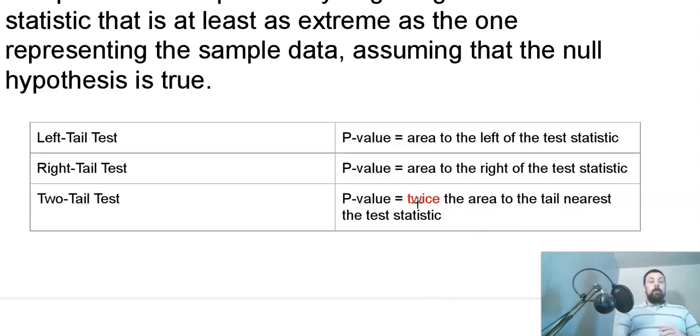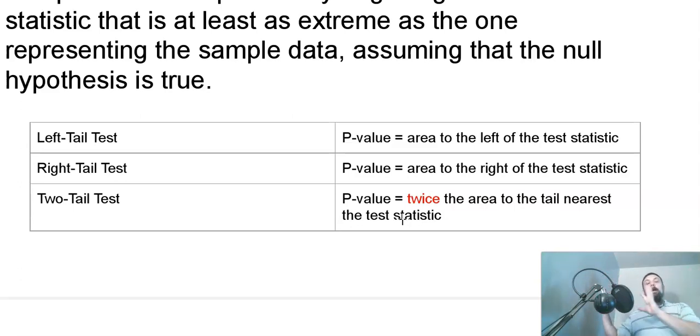The reason you are doubling the area to get the p-value in the case of a two-tail test is that it makes up for the fact that you would have had to divide the alpha by 2. For a two-tail test, you normally divide the alpha in 2 to get the critical value in the left and the right tail. But the concept of the p-value is that you're not going to do anything with alpha.